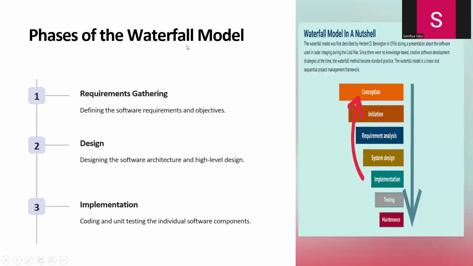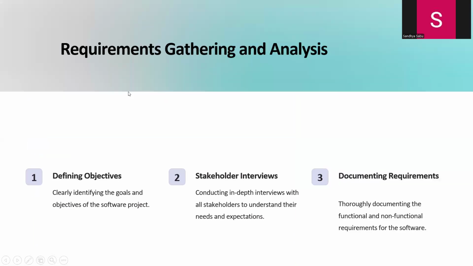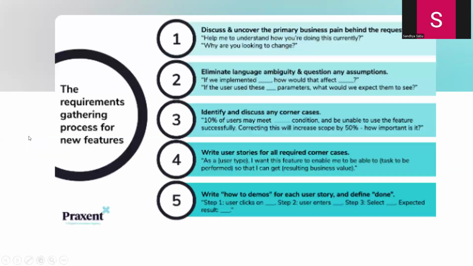The first phase of the waterfall model is requirement. This is the first phase where the requirements are gathered from the stakeholders and analyzed to understand the scope and objective of the project. So we have a clear objective for the project.